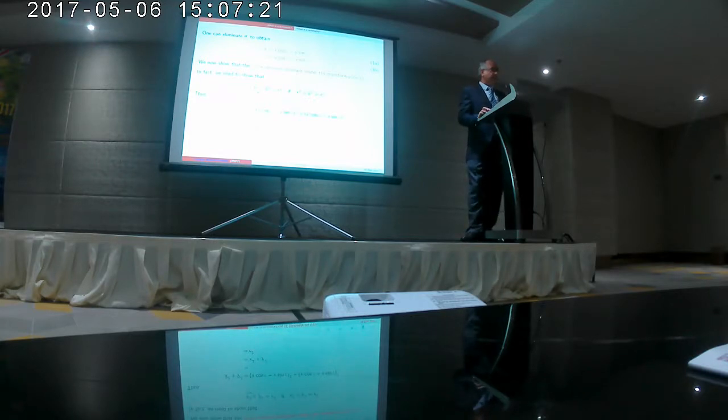So we start with x bar squared plus y bar squared, write the values of x bar and y bar here, square this out, and then use the formula cos squared plus sin squared equal to 1, and we end up with x squared plus y squared, which is equal to r squared. So this means that the circle remains invariant under the transformation 1.